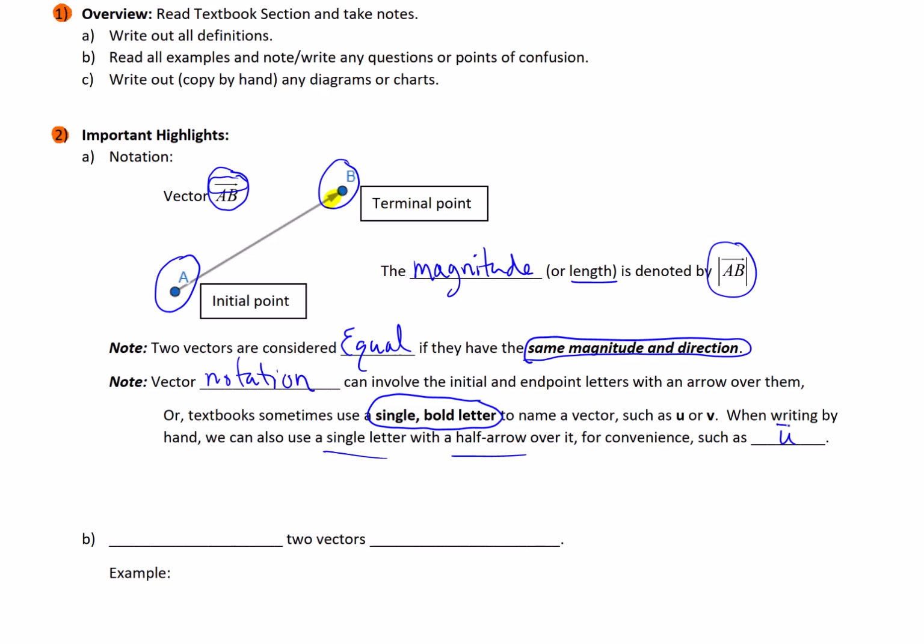It's just more efficient to write half of the arrow when writing by hand. The point is that it's challenging to write a bold letter by hand, and so we're going to use the arrow notation where you have a half arrow over a single letter.